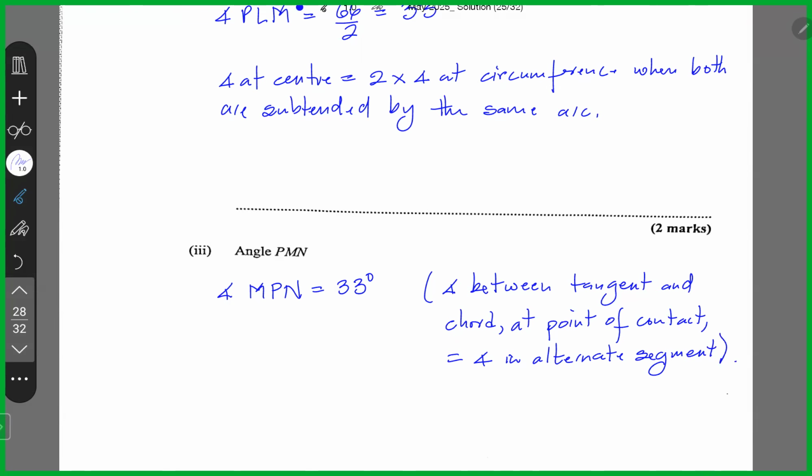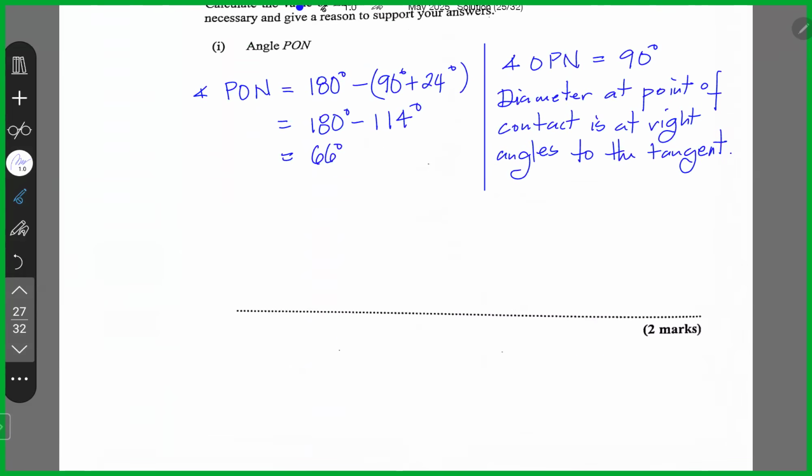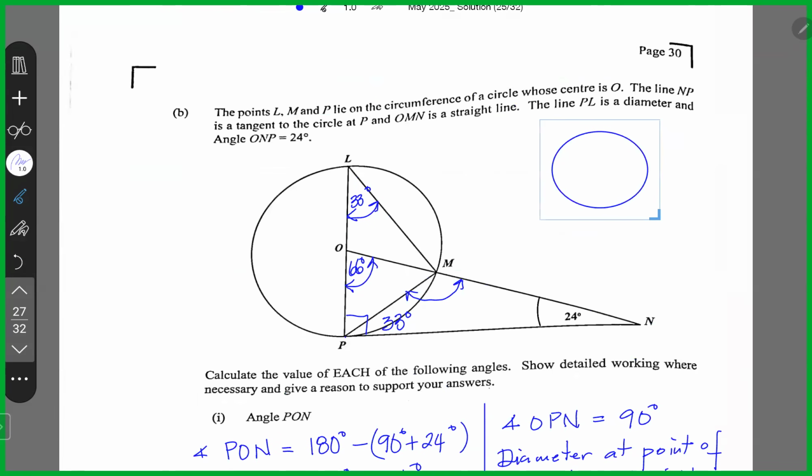All right, so that's the reason why that angle is 33 degrees. This is the circle theorem for that.